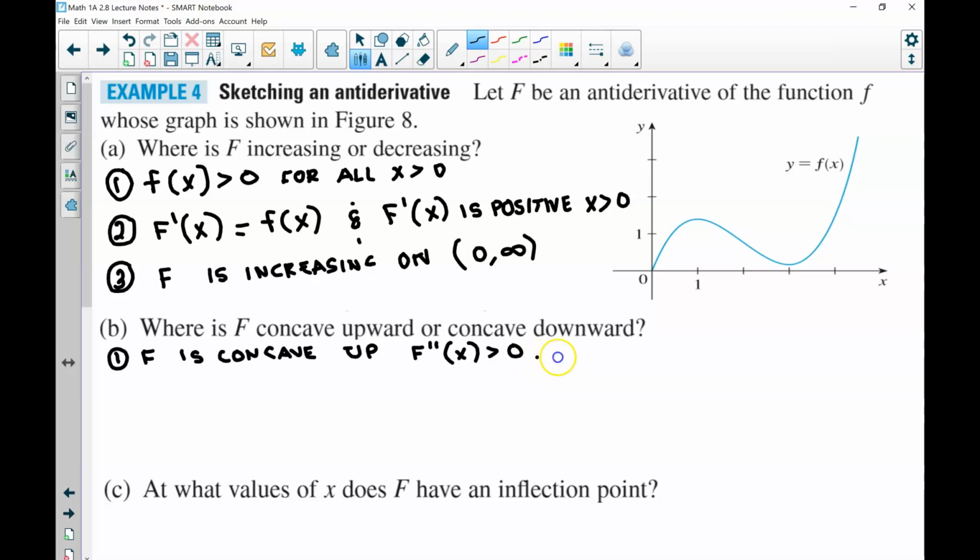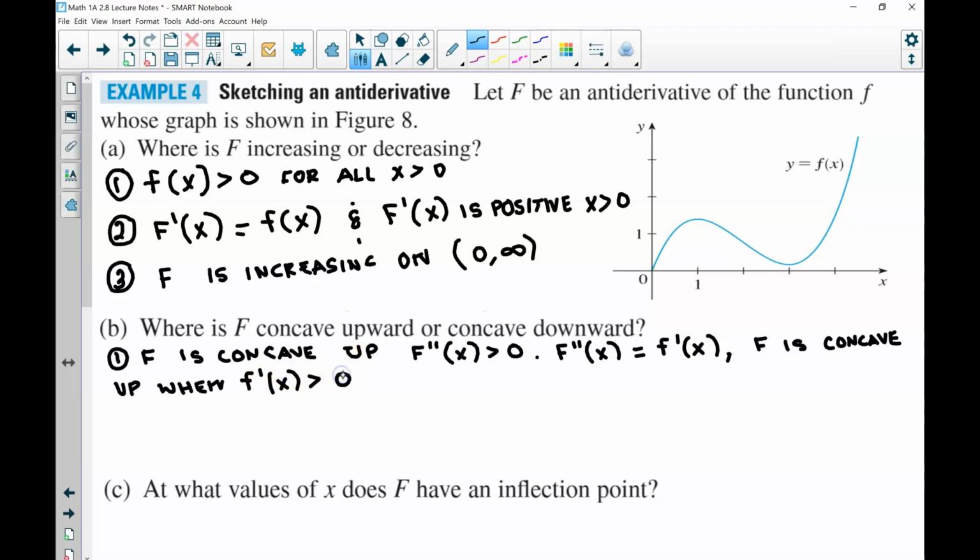So, because the second derivative is equal to the first derivative, then we would say that f is concave upward or concave up when the first derivative, according to our definition, is greater than 0. And what that means is that's when f is increasing.